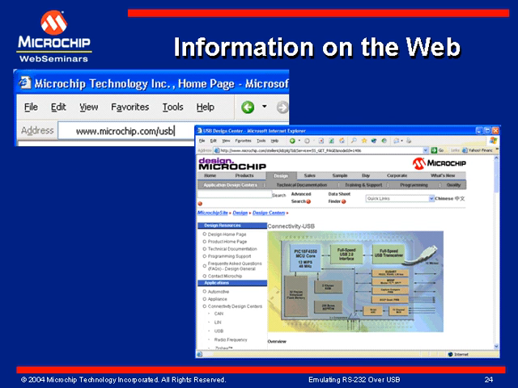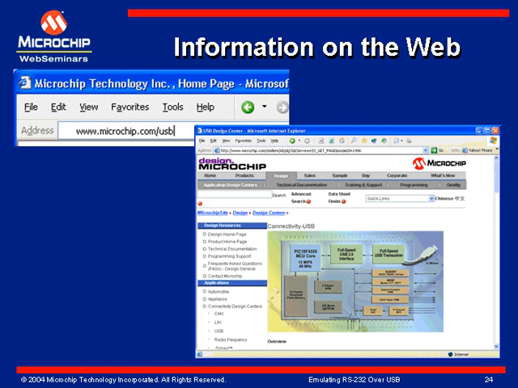Now, I would like to tell you where you can go and find more information for yourself. If you go to the World Wide Web and type in www.microchip.com/USB, it will take you to the page shown on the bottom right-hand side of the screen. This is the home page of the USB Design Center.